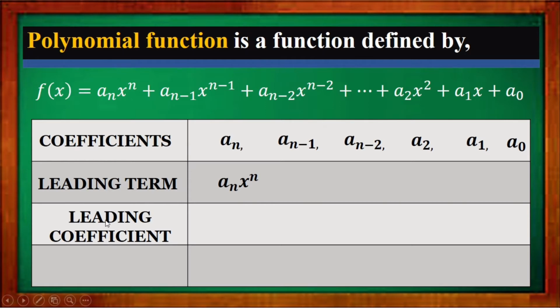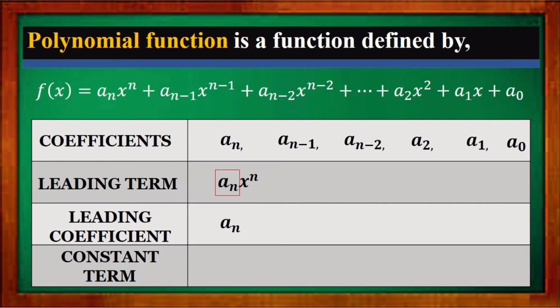So we can get the leading coefficient from our leading term. Kapag given na ang leading term natin, makukuha na agad natin yung leading coefficient natin by just looking at this one. And our leading coefficient is a sub n.